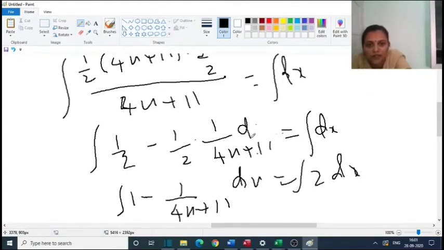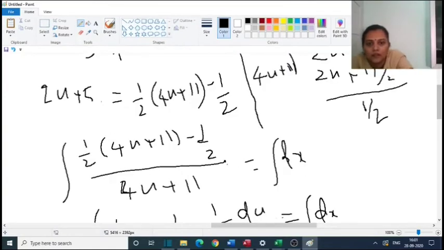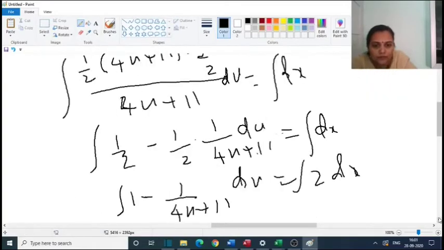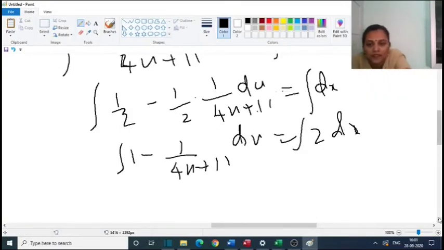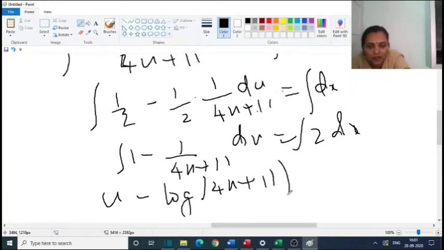Missed du here, du. That is u minus log of 4u plus 11 divided by 4 is equal to 2x plus c.